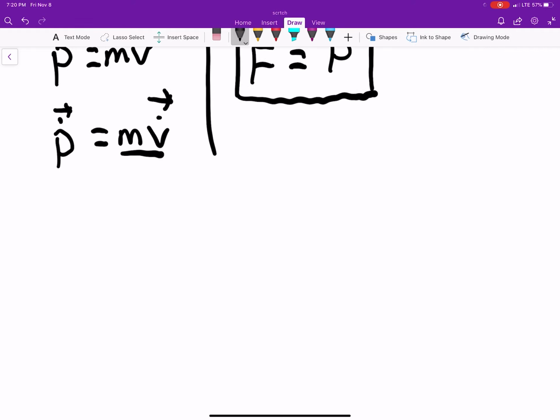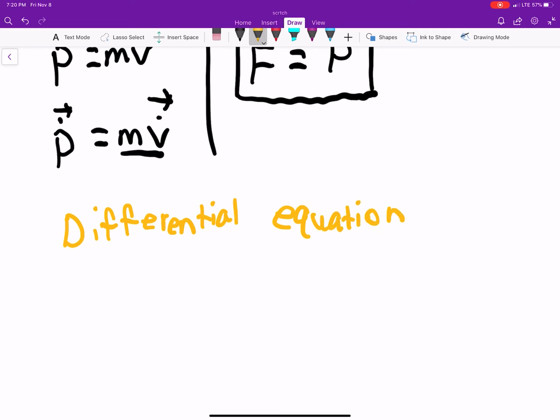Now, let's talk about something called differential equations. If you haven't experienced differential equations yet, like a course in it, I'm going to talk more about it later. But I just want to give you a brief introduction. I think it's covered in a lot of calculus courses, and eventually you'll have an entire course on differential equations, which is really important in physics.